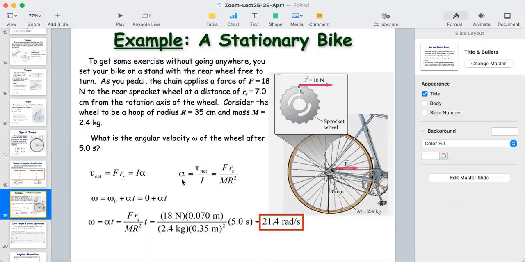So 7 centimeters is 0.07 meter, divided by the mass, which is 2.5 kilograms, divided by the radius, 0.35 meter squared, multiplied by 5 seconds, and essentially I find that omega is 21.4 radian per second.